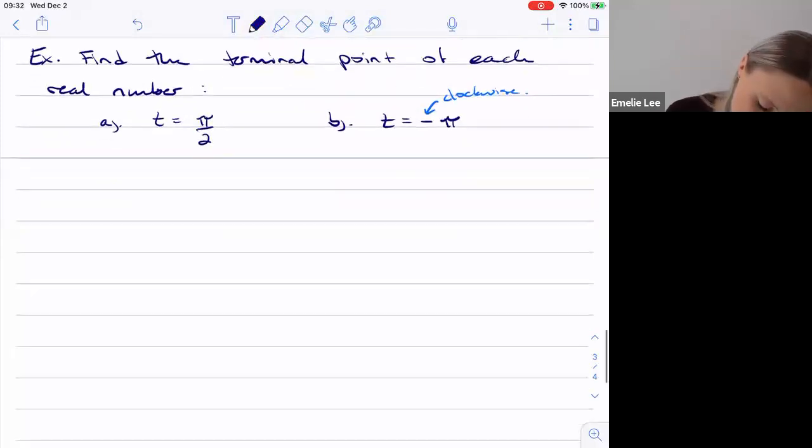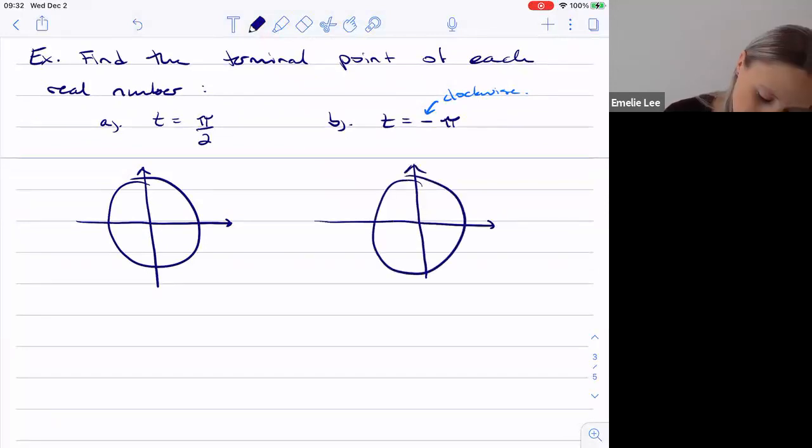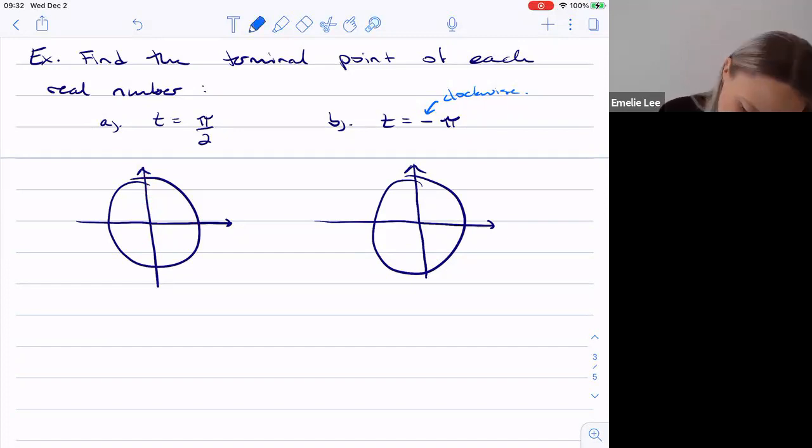Okay, so we can put these on some unit circles. Here, I'll draw one for each of these. We know if I go a full rotation here, that's 2 pi. We also know that a half rotation is pi. So pi divided by 2 must be this quarter way mark.